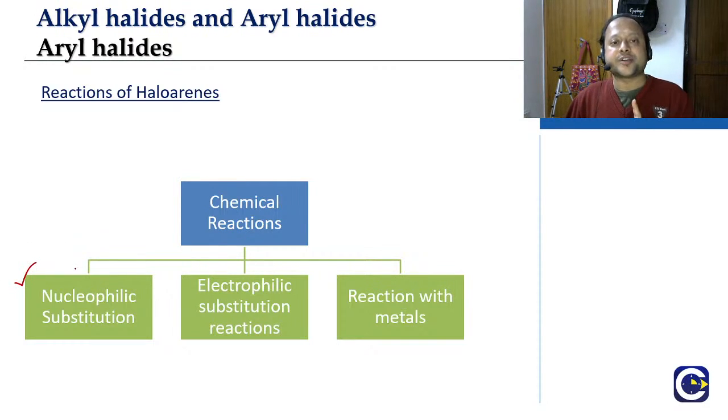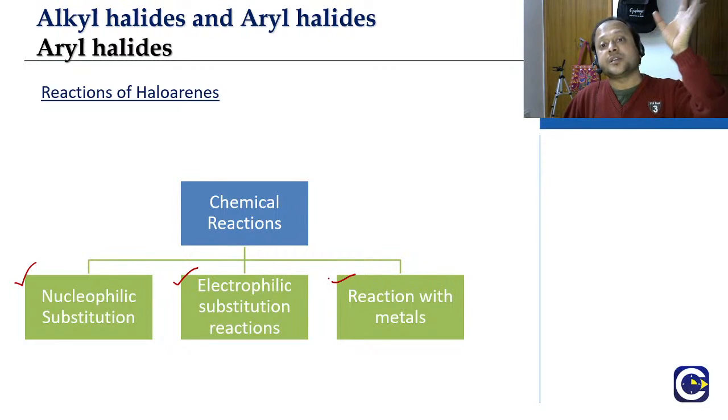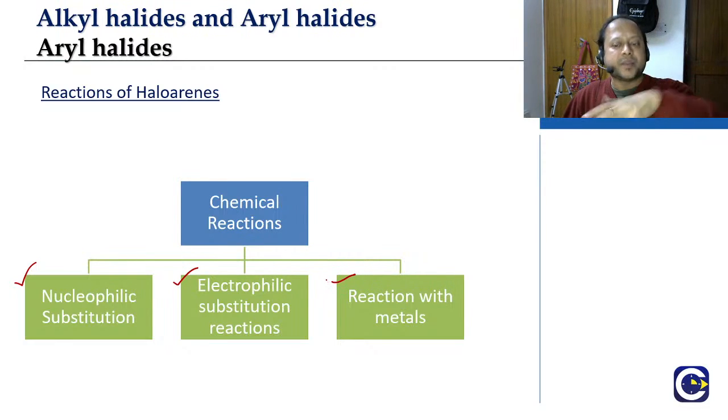Normally nucleophilic substitution is not conducive for aryl halides, but under certain conditions we can still make that happen. Majority of the time they undergo electrophilic substitution reactions, and there are certain reactions with metals also, the way we had for alkyl halides. Remember, like Wurtz reaction we had? Similar reactions are possible for their aromatic counterpart also. Let's explore them one by one.